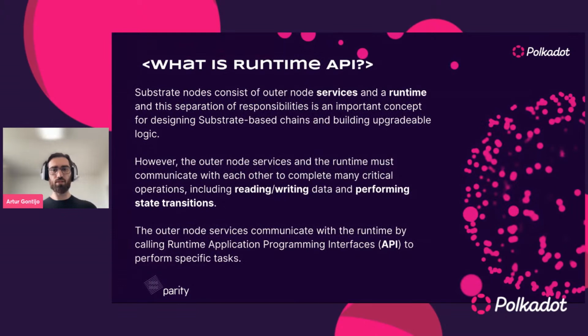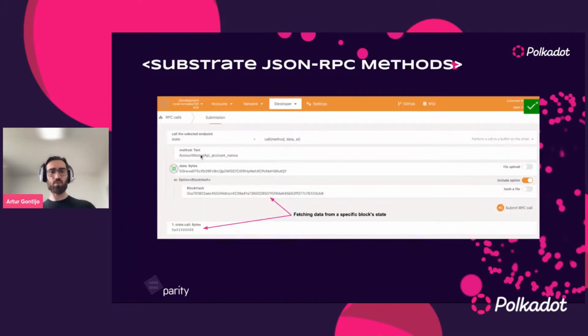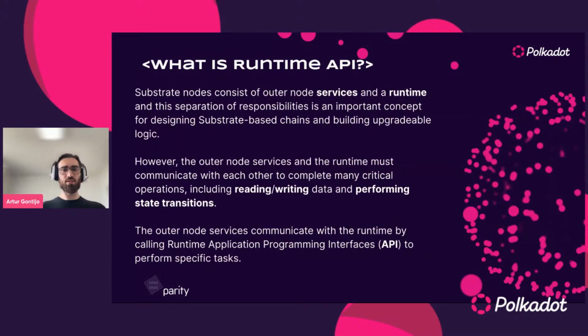Okay, but where does the account nonce API come from? This is exactly the second part of our deep dive today: the Runtime API. We have the Substrate node with the services, the networking, all the logic, the transaction pool, and inside it we have the runtime, our WASM, the runtime context, doing all the logic of our pallets, of our blockchain.